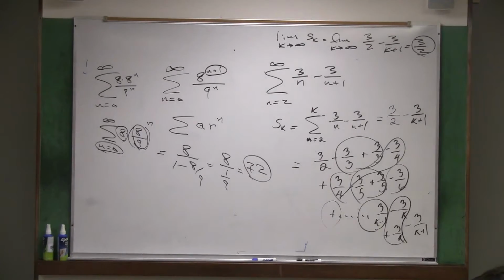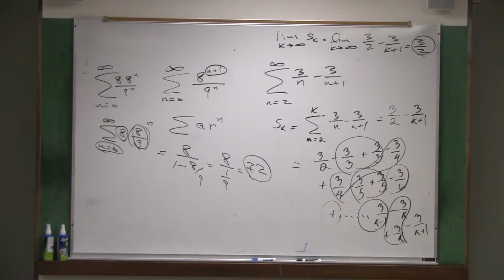Remember what the series is: you have this sequence A0, A1, A2, etc., and then you form the S sequence: A0, A0 plus A1, A0 plus A1 plus A2, etc. The limit of this sequence is what we call the series.